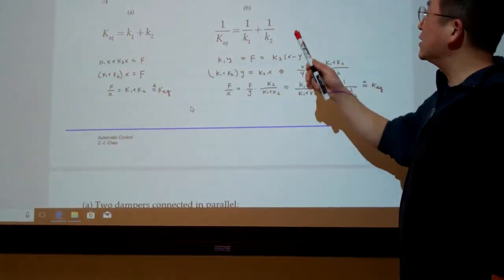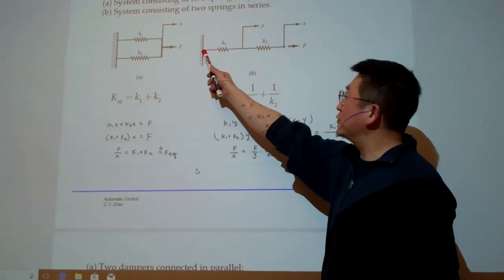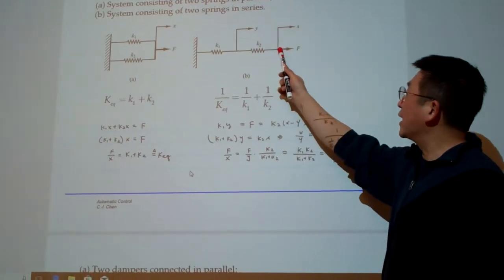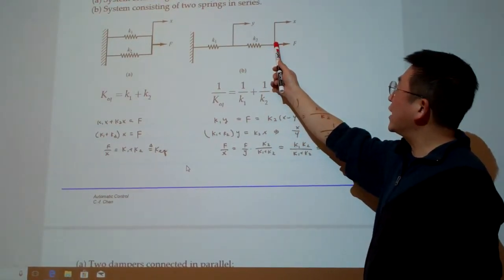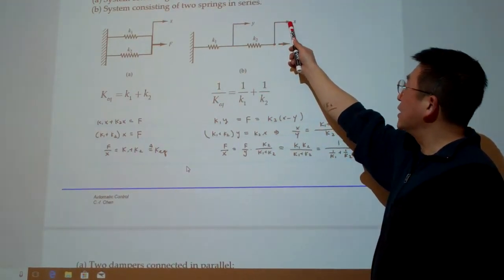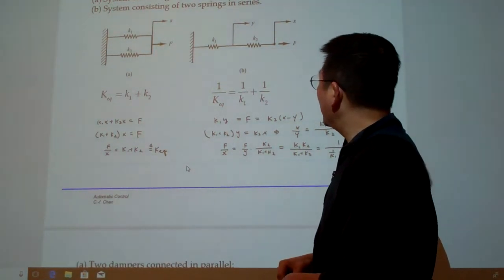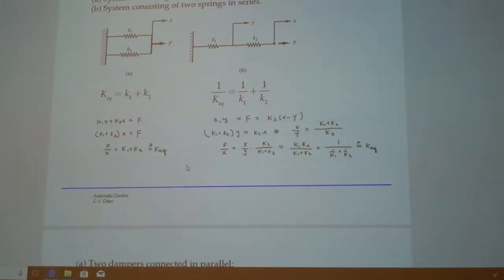Basically in here, suppose the spring relative to the wall here has displaced by y, and this point with respect to the wall has displaced the distance by x. So here we can try to formulate this.